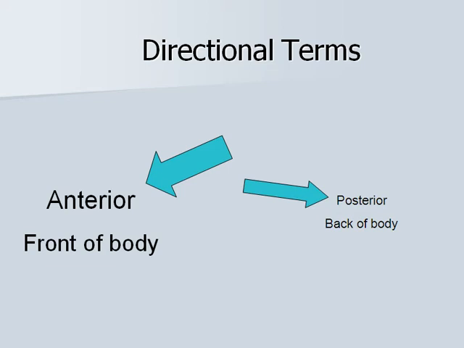Okay? The back of my head is posterior to my eyes. You can also sometimes use it by itself, like your kidneys are a posterior structure. Your kidneys are all the way in the back. Okay? They're not sitting up here on the anterior, they're sitting all the way in the back.